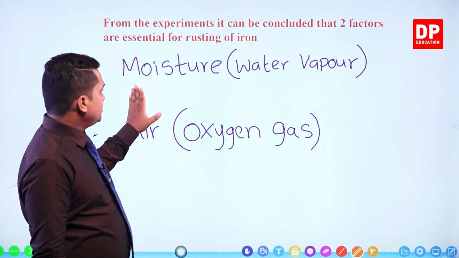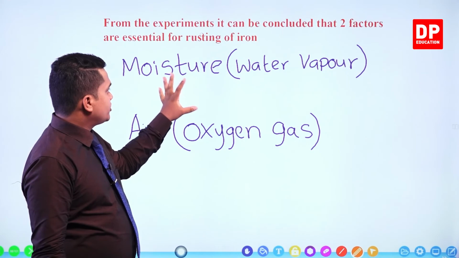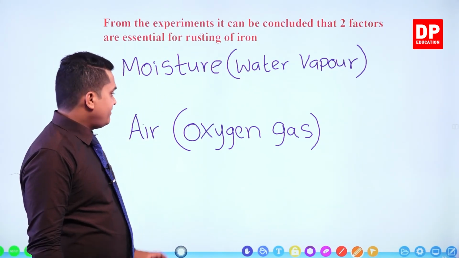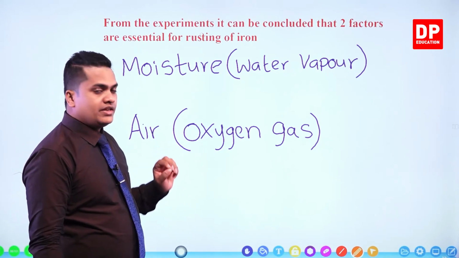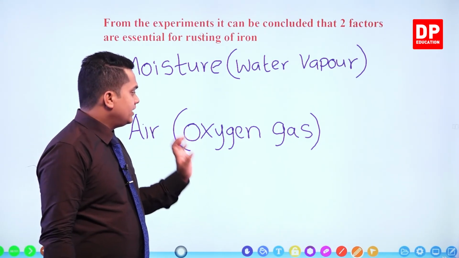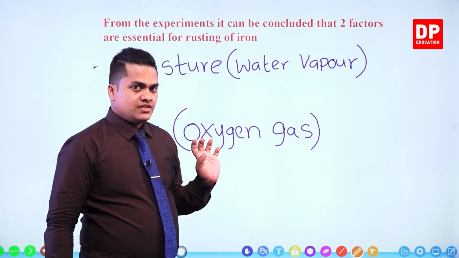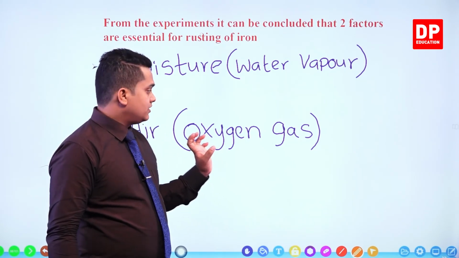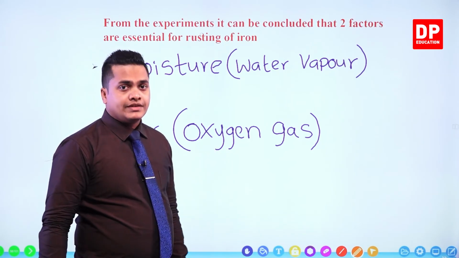Number 1 is moisture or water vapor. The second factor is air. In air, especially, for the rusting process it will be needing oxygen gas.